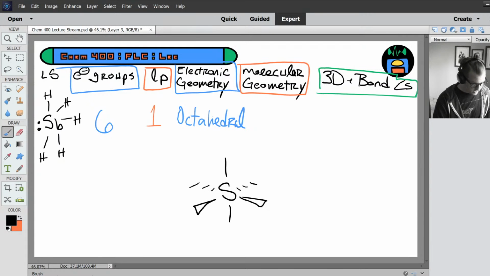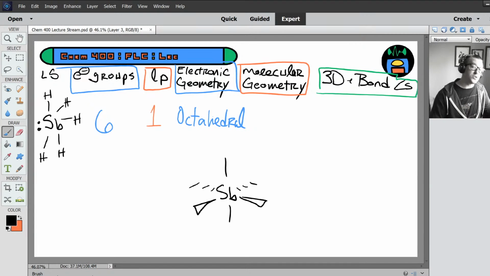Oh wait, we don't have sulfur, we have antimony here. There is antimony. Now, when it comes to adding lone pairs to your structure, you can put them anywhere, just like with tetrahedrons.